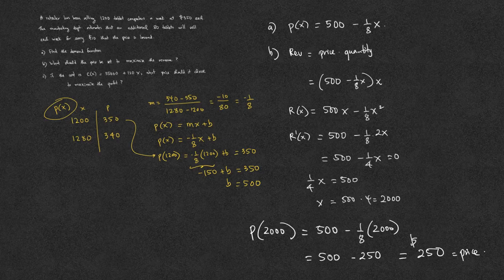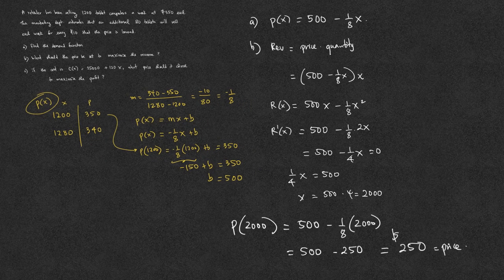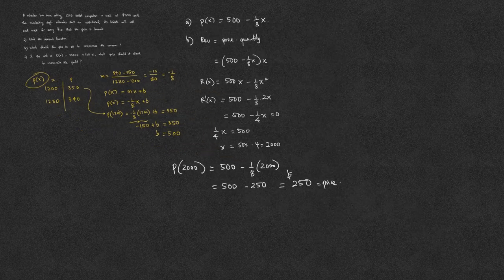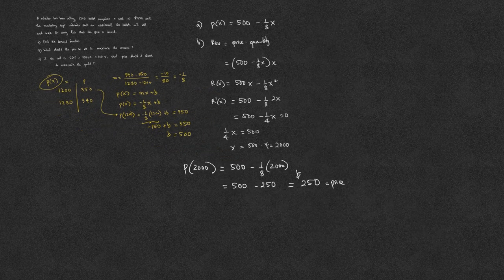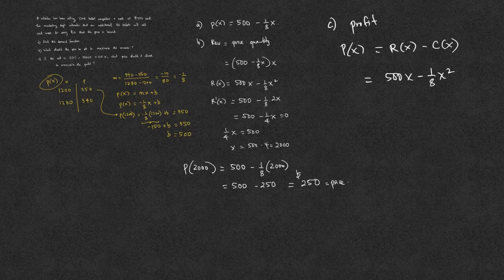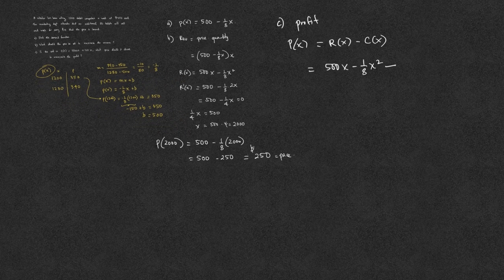Next, to maximize the profit, the profit is the revenue minus the cost. We have the revenue equation, and we are given the cost. The profit P of x is the revenue minus the cost, where the revenue is 500x minus 1 over 8x squared, and the cost function is given.